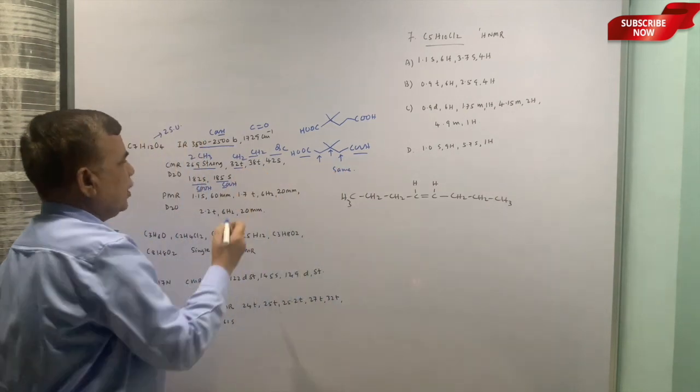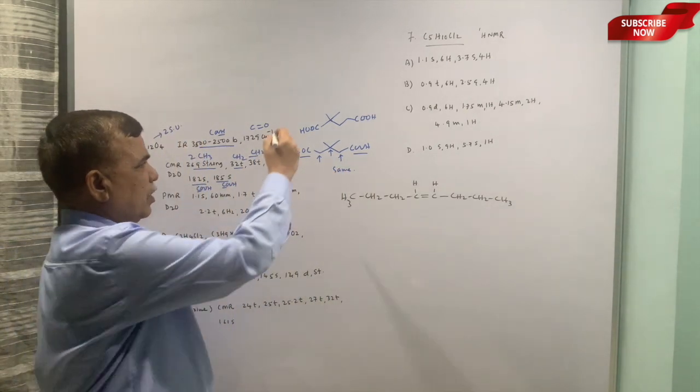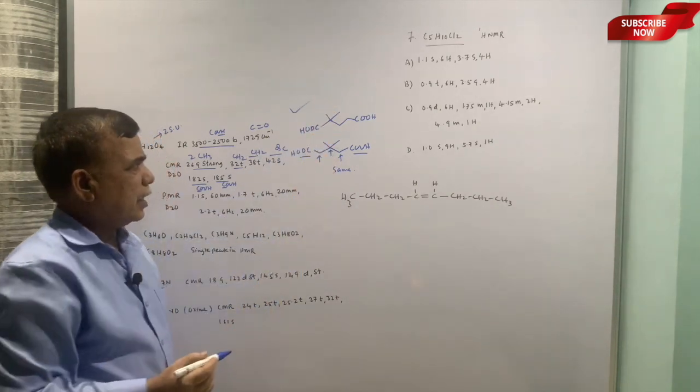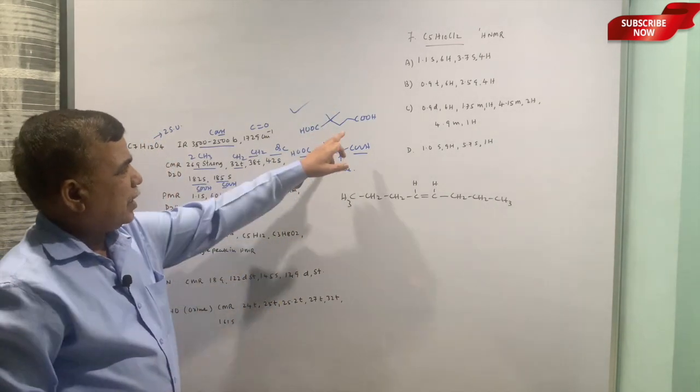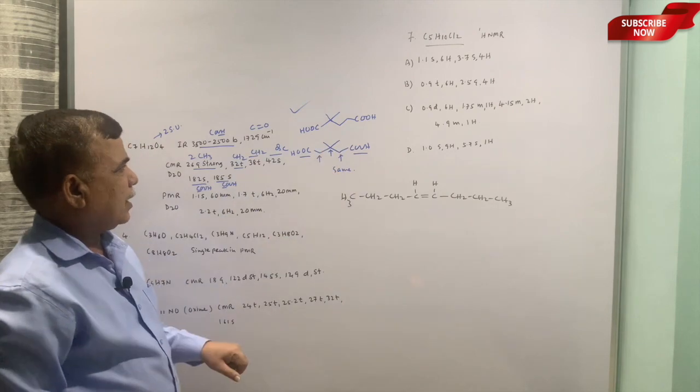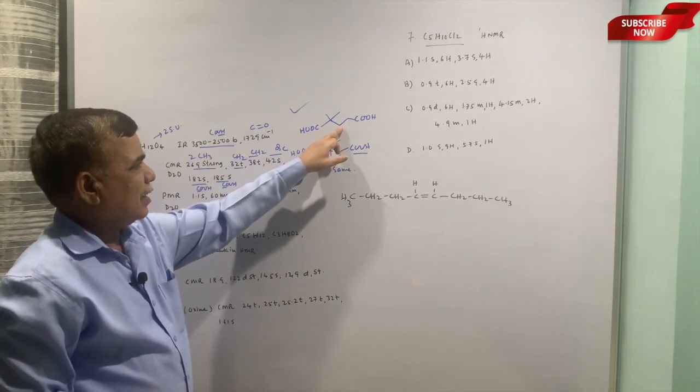So they cannot be 32 and 38, that is why the upper structure is correct, wherein your methylene is attached to the carboxylic acid and then the next methylene.